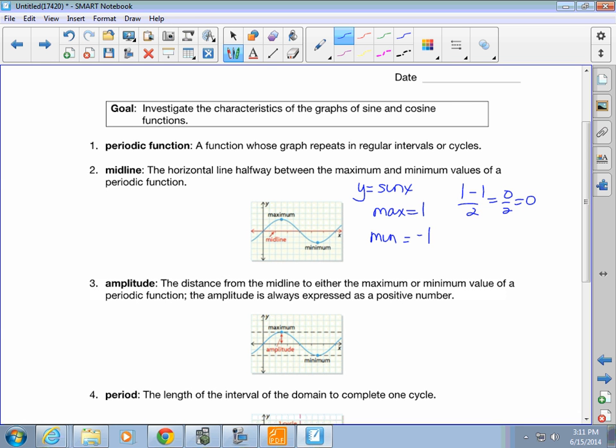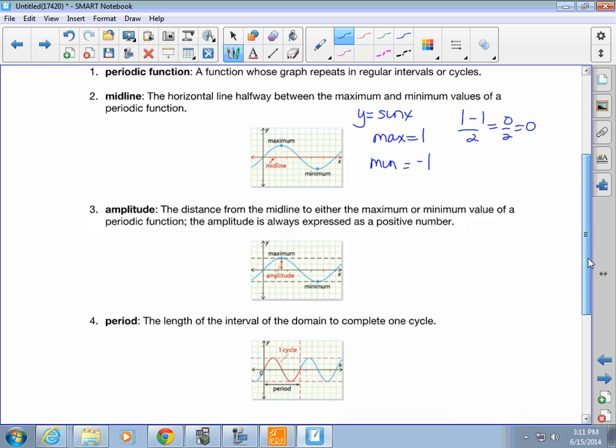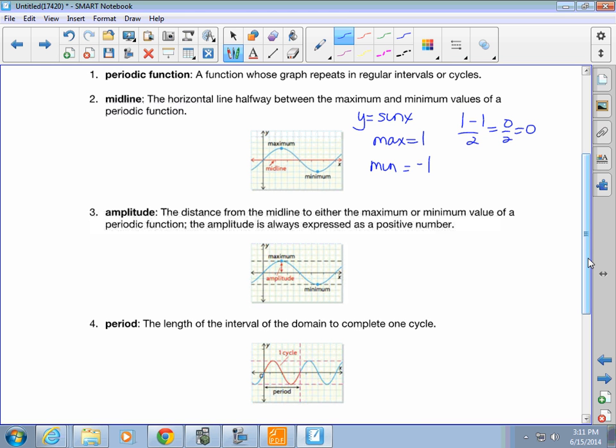Amplitude is the distance from the midline to either the maximum or minimum value of a periodic function. The amplitude is always expressed as a positive number.